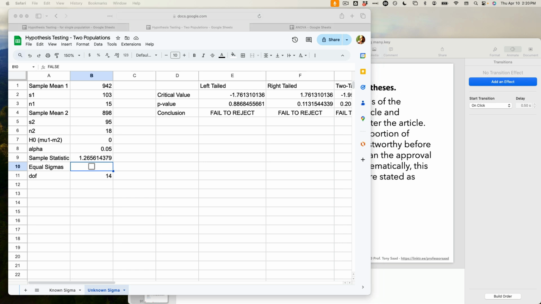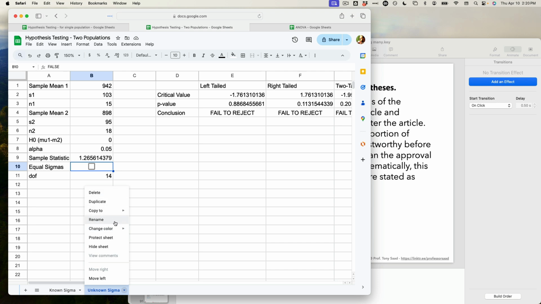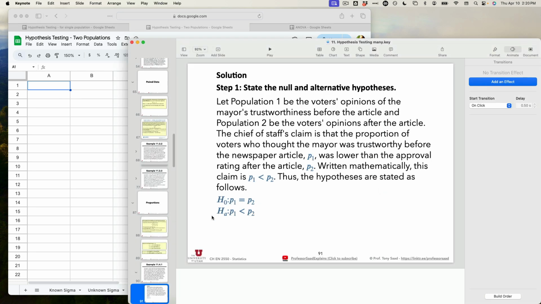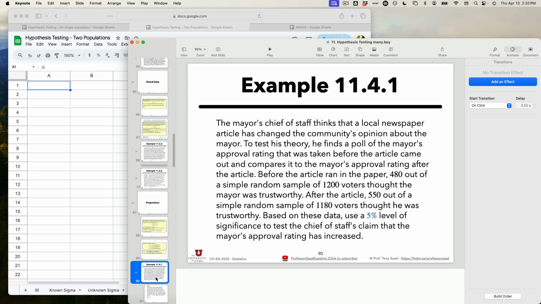spreadsheet. So we're going to create a new sheet and call it proportions. Let's add a fresh sheet, start from scratch. When you're given data, sometimes you're given a proportion, sometimes you're given raw numbers, 480 and 1200.